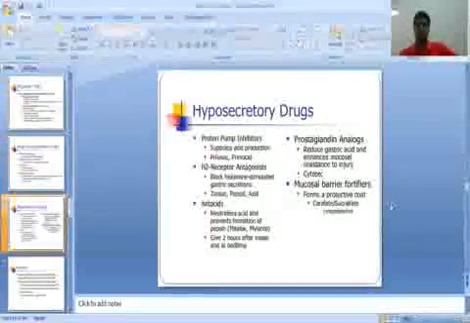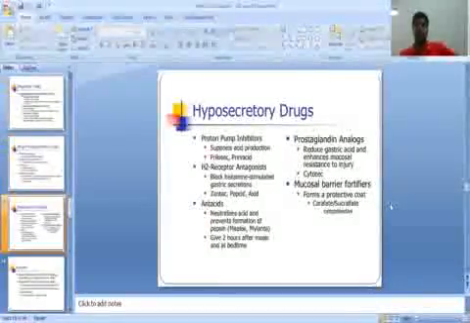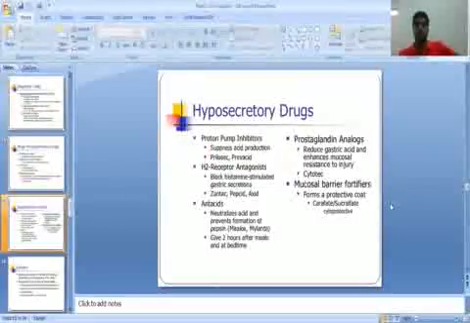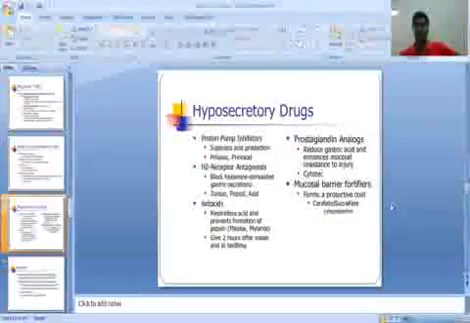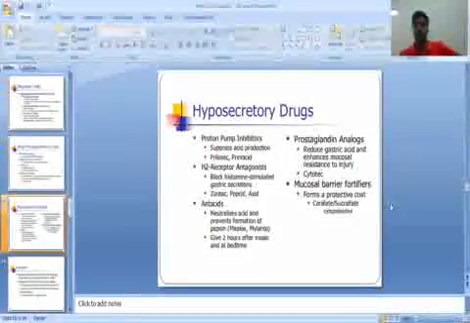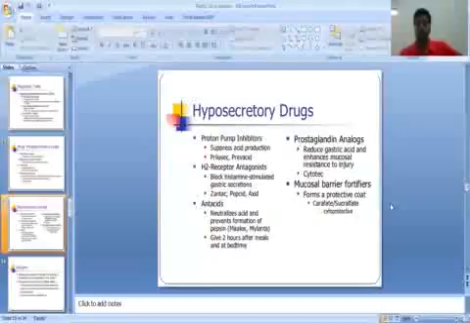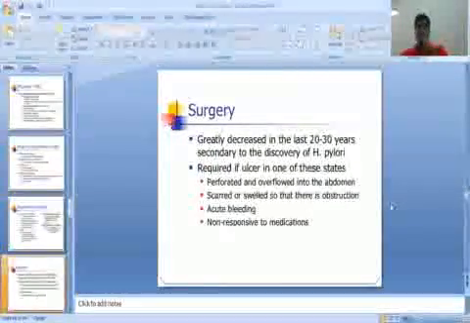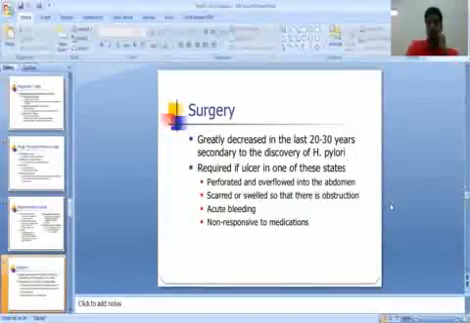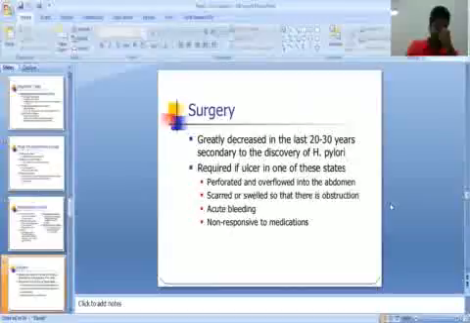Hyposecretory drugs like proton pump inhibitors, H2 receptor antagonists, antacids, prostaglandin analogues, and mucosal barrier fortifiers are used. If it is not treated, then we go for surgery.